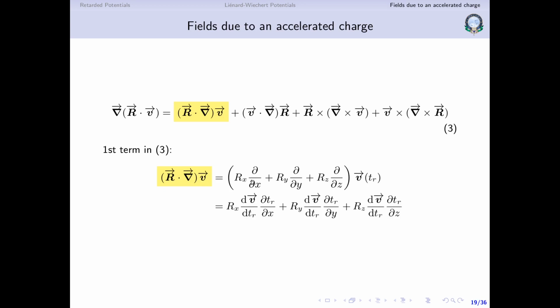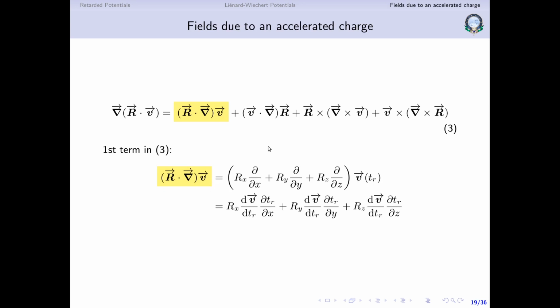So when we apply this on v, we'll get rx into dou v by dou x. Now v is explicitly a function of tr, and tr depends on r, so we'll have to apply the chain rule.